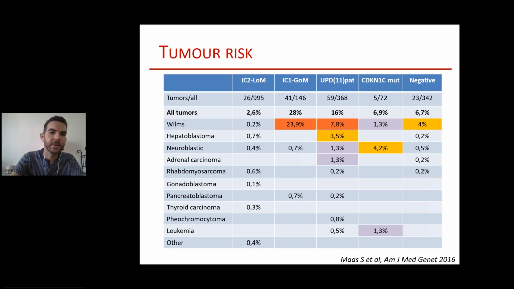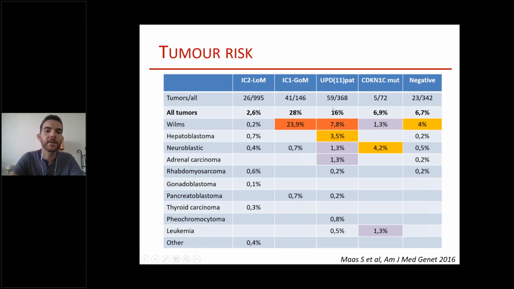So we defined 2 groups with a high risk of tumor, which is represented by the patients with ICR1 gain of methylation and patients with 11p15 paternal isodisomy, because the risk of tumor is respectively 28 and 16%.